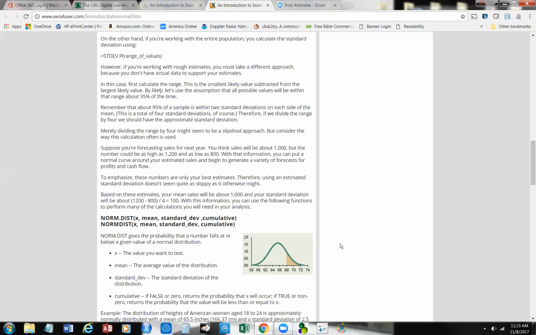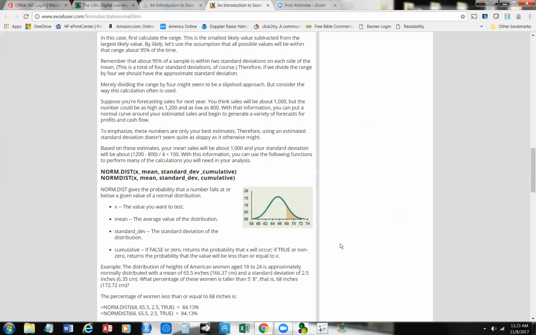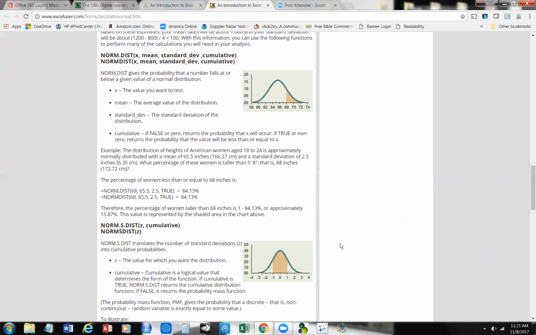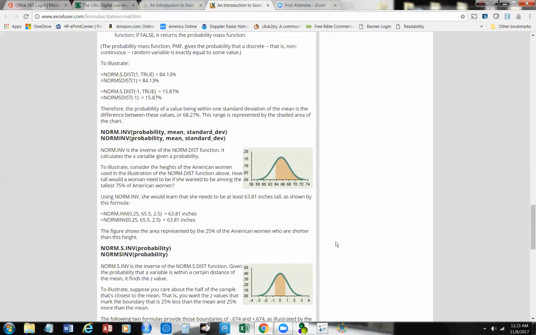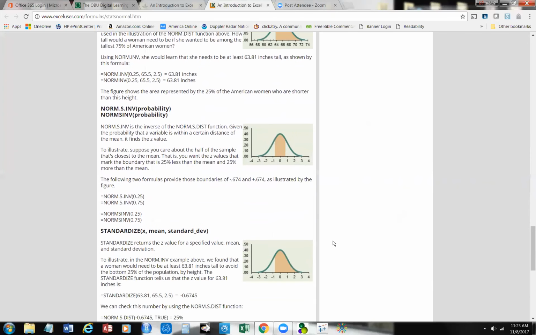And so they walk you down here to the normal distribution, and this is where you test a value and you get a probability for that value. You work through it, then you create a z-score, and you start to ask what the probability is.